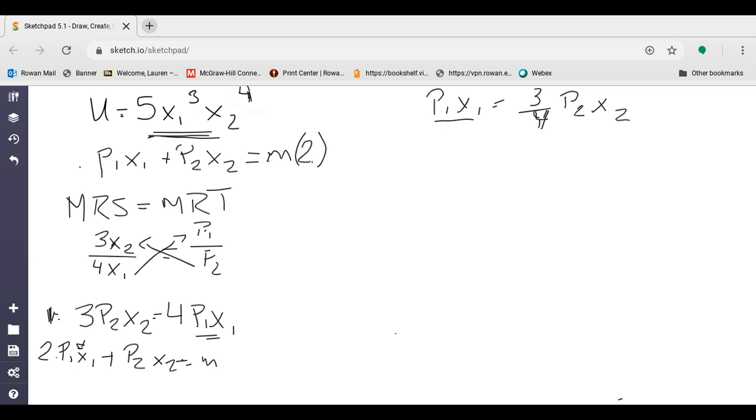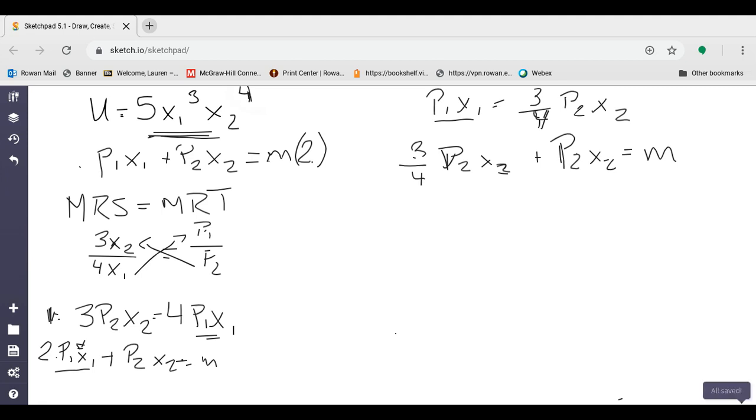So in the budget equation, I'm going to put 3/4 P2x2 in for P1x1. So combining the two equations, we have 3/4 P2 x2 plus P2 x2 equals m.